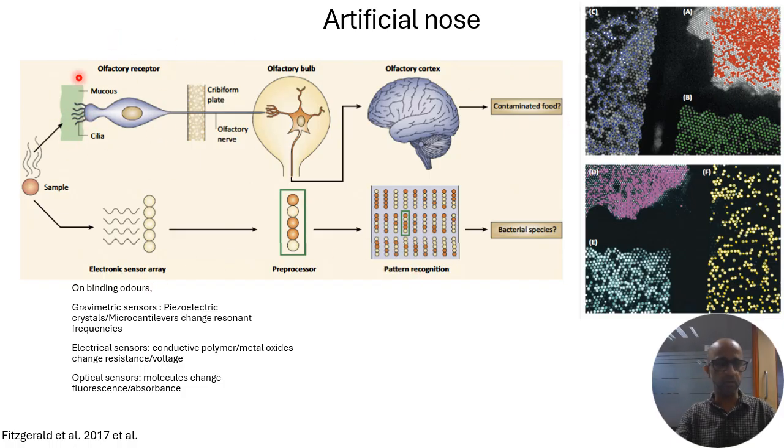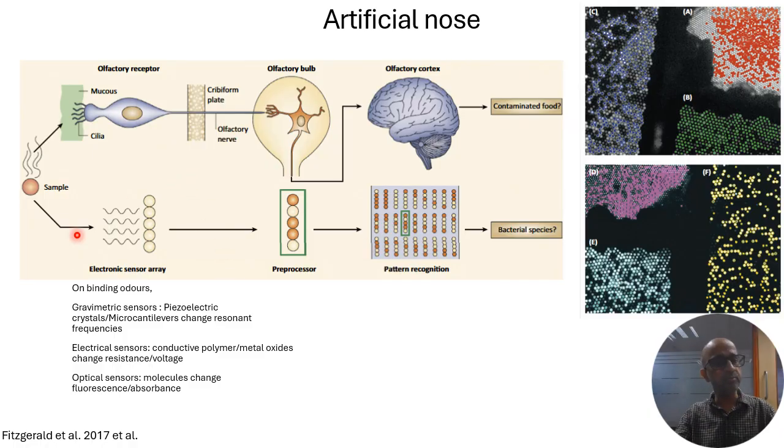Olfactory receptor neuron is receiving smell information, passing it on to olfactory bulb, and then that is creating patterns of activity in the olfactory bulb that get recognized by olfactory cortex to know which smell is being sensed, right? So similar processing is happening here.